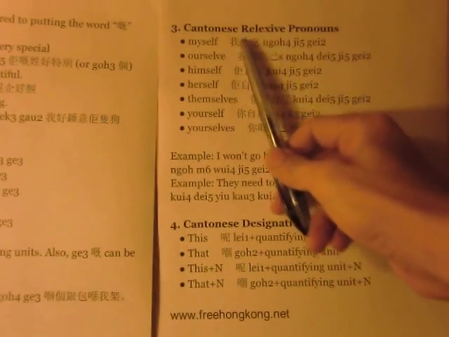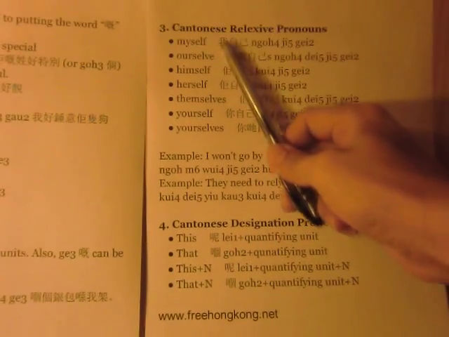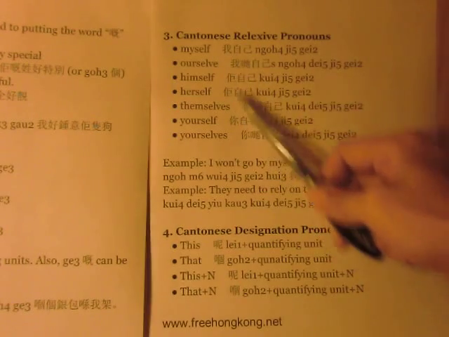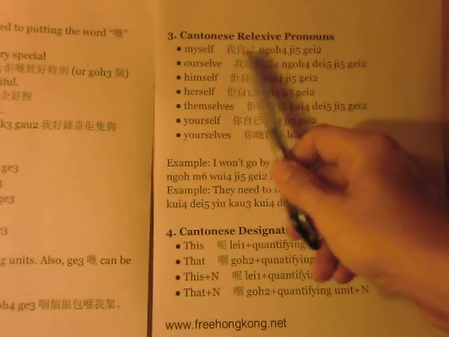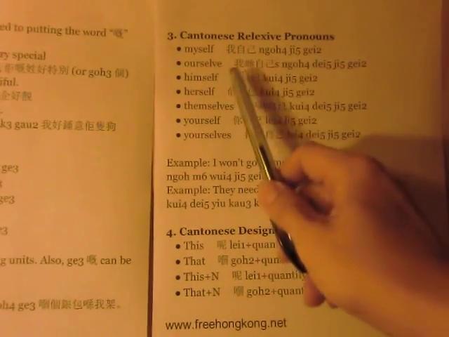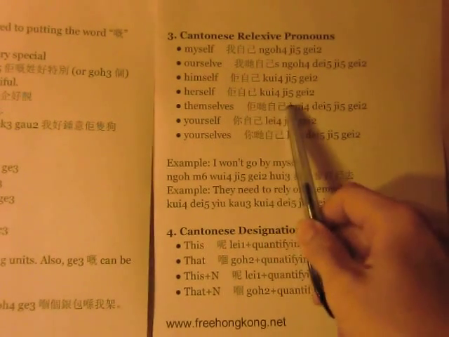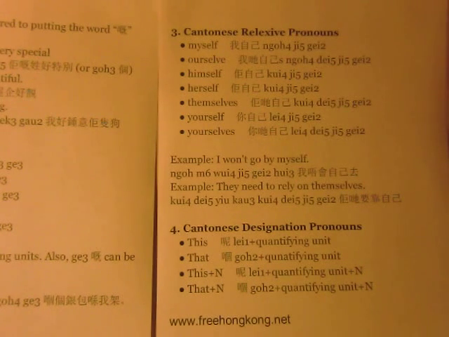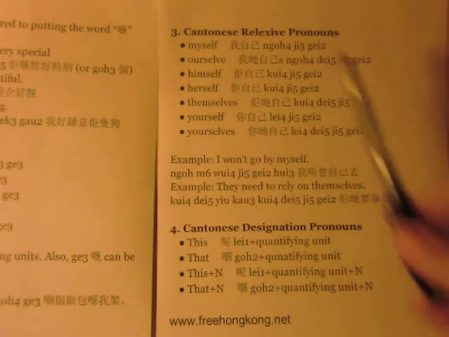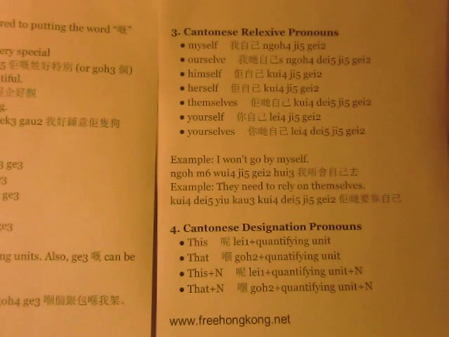And then Cantonese reflexive pronouns, we have 自己: self, myself, yourself, ourselves, and so on. Again, we add 自己 at the end of the subject or object pronoun. For example, 我自己, 我哋自己 ourselves, 佢自己 himself or herself, 佢哋自己 themselves. But in Cantonese, we can even omit 我, the subject or object pronoun. We just say 自己. Whenever it is unambiguous, we can omit the subject or object pronoun.